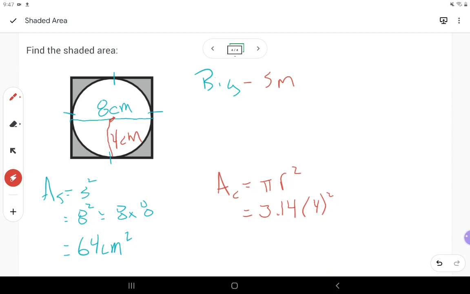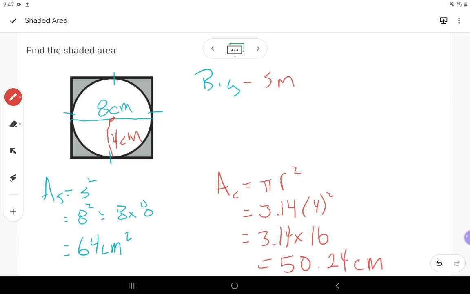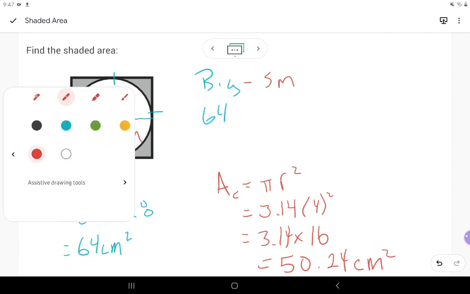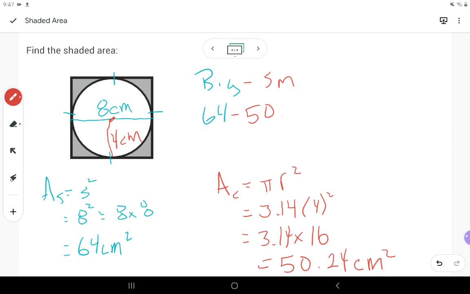So 4 squared is the same thing as 4 times 4, and that is 16. So it's 3.14 times 16, and when we multiply that out, we get 50.24 centimeters squared.